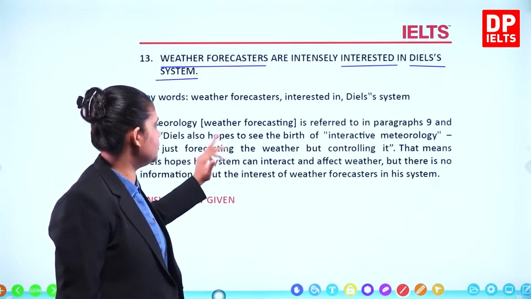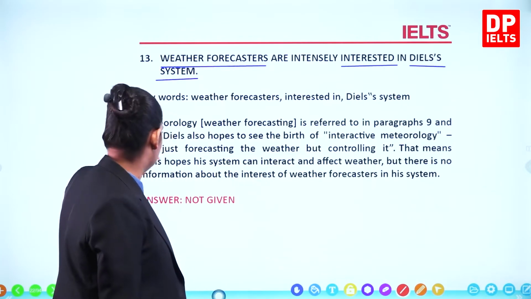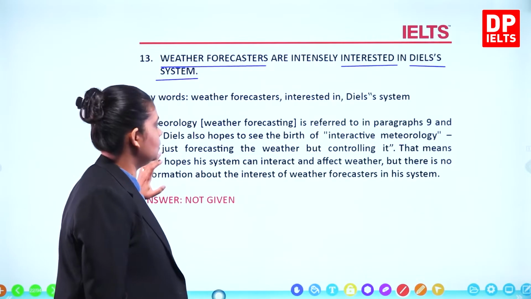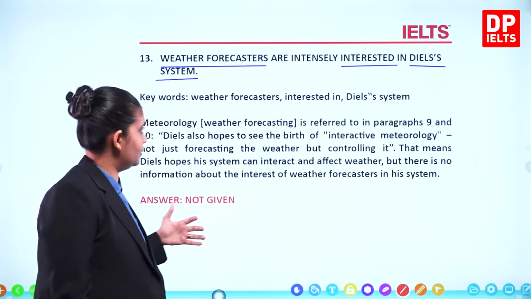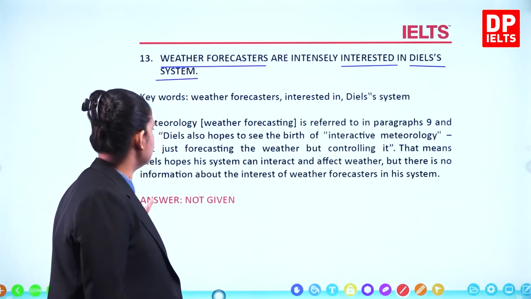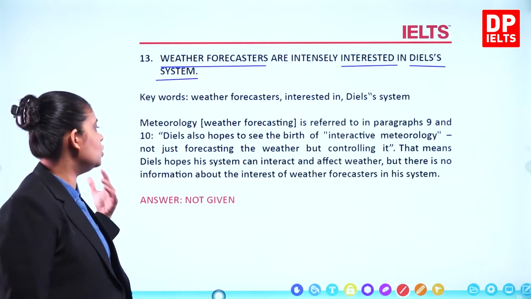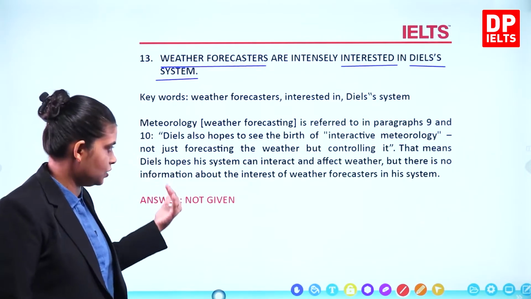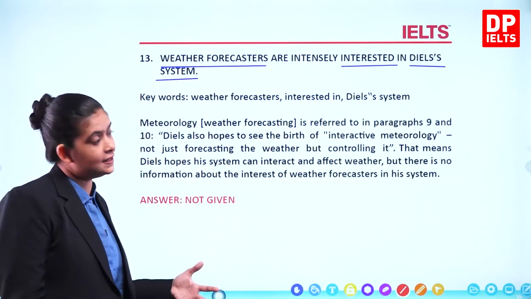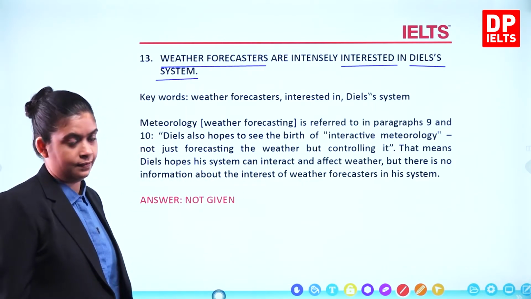Diels also hopes to see birth of interactive meteorology, not just forecasting the weather but controlling it as well. He's intensely interested in Diels system, but it doesn't really mention it. There's no information about the interest of weather forecasters in his system, so I would say not given, okay?